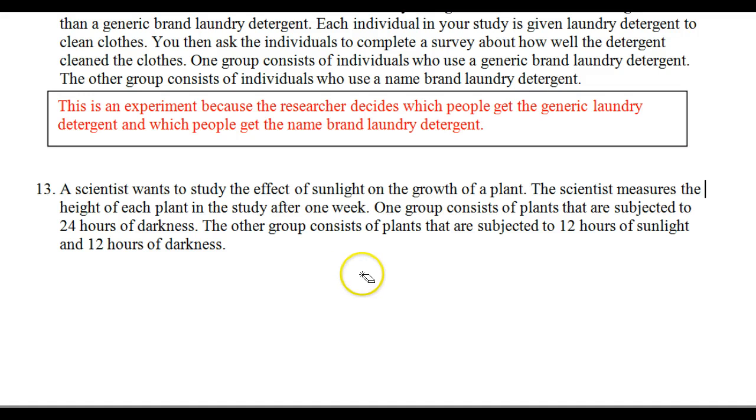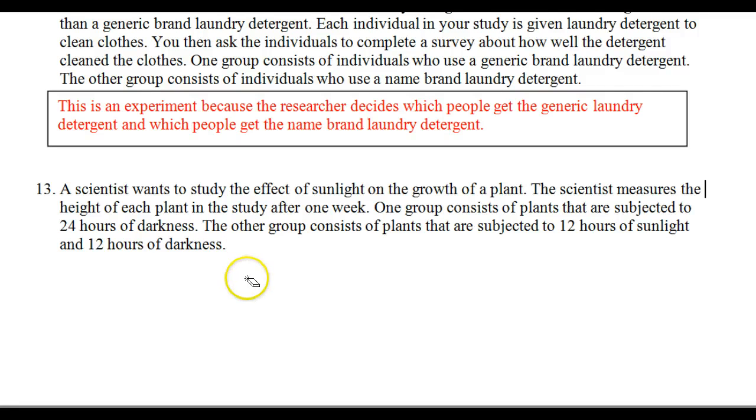Well, it's all about, does the scientist control which plants get the 24 hours of darkness and which plants get the 12 on, 12 off, light, dark? All right? Who decides?